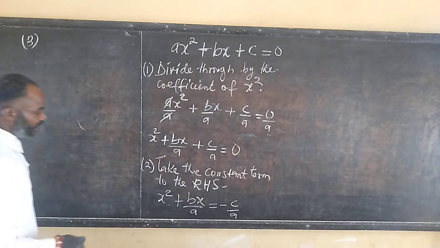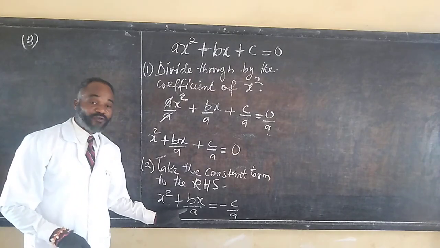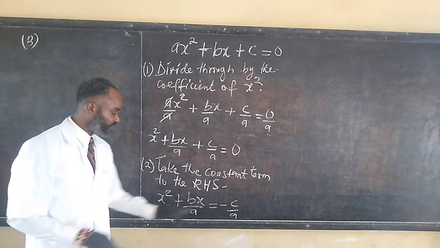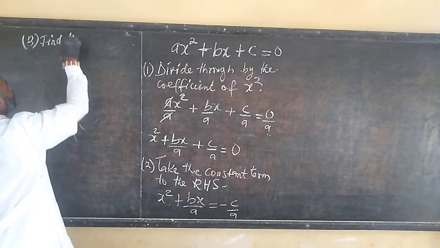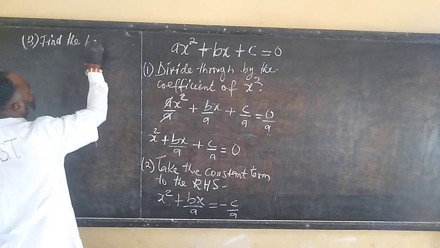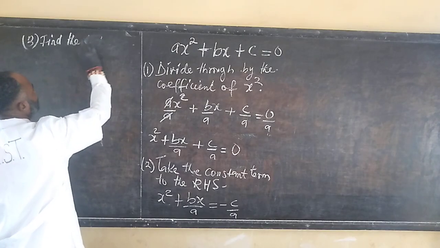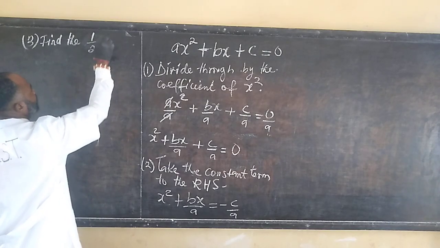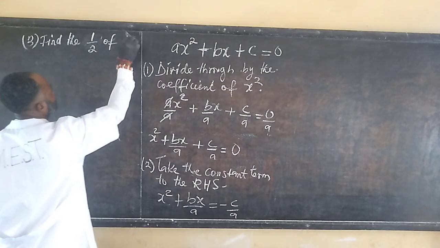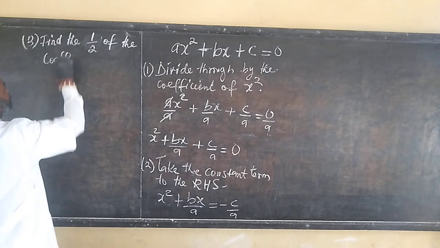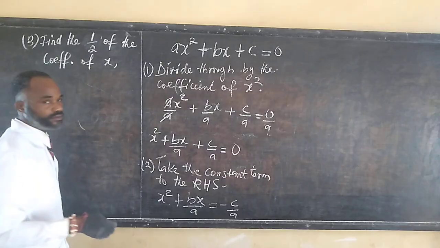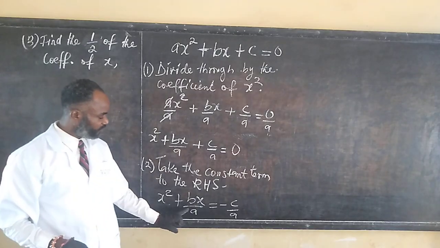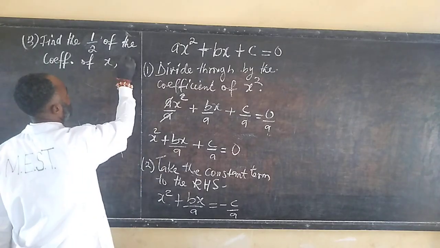The third instruction is find the half of the coefficient of x. When you find the half of the coefficient of x, what happens?